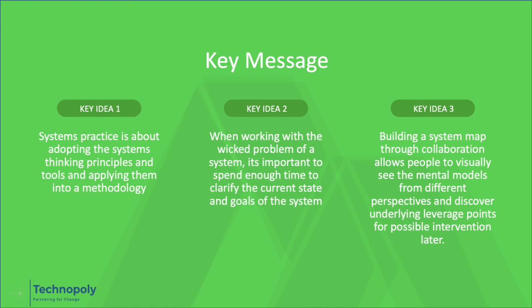And third, when we build a system map, it has to be built through a collaboration of people and to be able to visually see the mental model of how people understand and think about the system. We wanted different perspectives and diversity, and we relish the idea of discovering underlying leverage points for possible interventions later on.